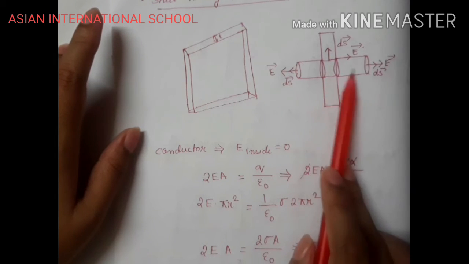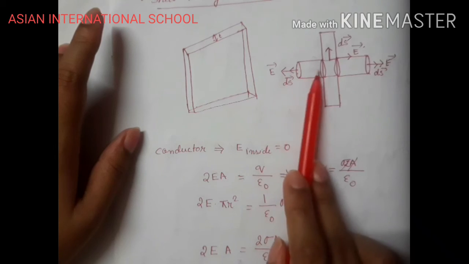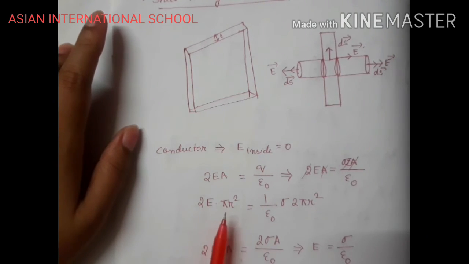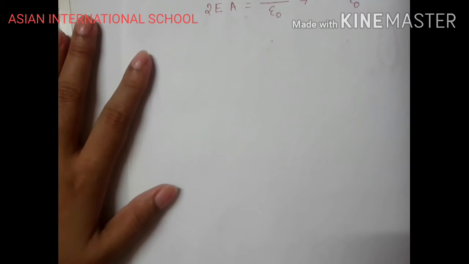So when you are moving outside your conductor, your electric field will become constant, just like the previous case. If it's a conductor, then electric field inside is 0. But if it's a non-conductor, then electric field inside is not 0. So this is the rule of calculating electric field inside the conductor as well as outside the conductor.